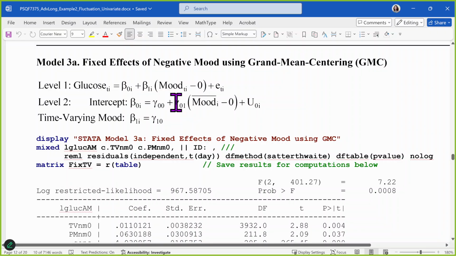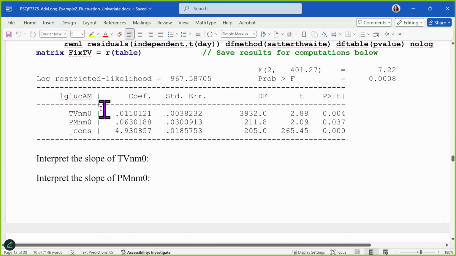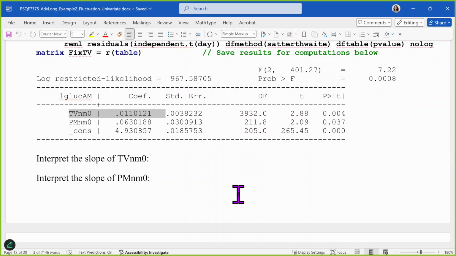So what does level 1 have uniquely? Just the within part now. So then it ends up that we have the exact same coefficient from the person mean-centered model here too. So even though it's a different variable at level 1, it still results in a correct within person effect.